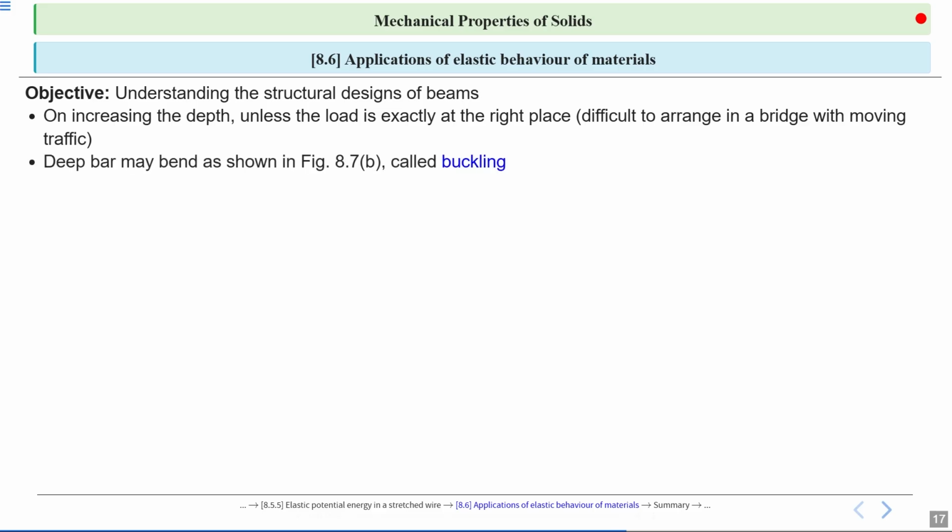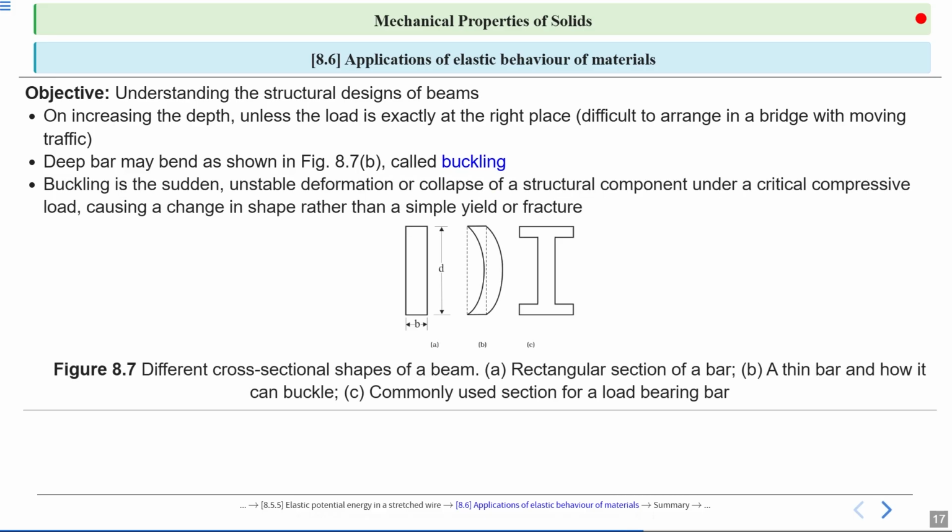So a deep bar may bend as in figure 8.7b, called buckling. Buckling is the sudden unstable deformation or collapse of a structural component under a critical compressive load, causing a change in shape rather than a simple yield of the structure.